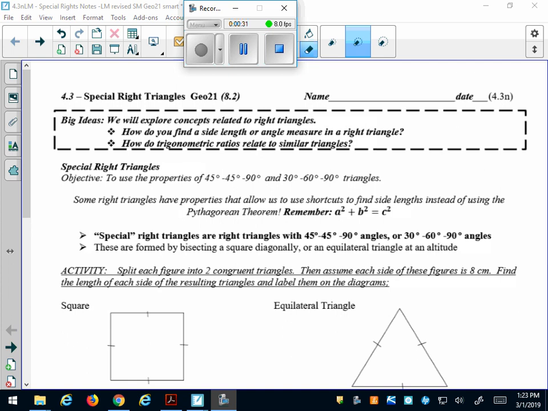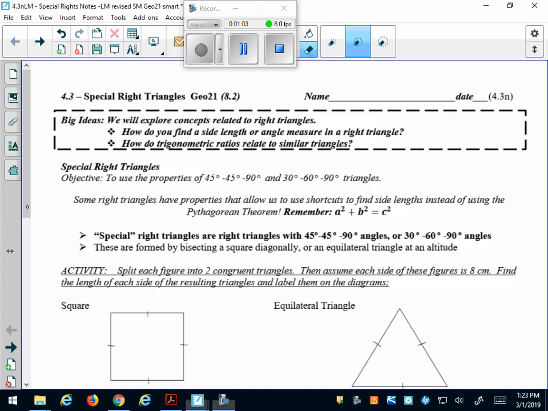We don't memorize the sine, cosine, tangent of every single type of angle, but we can memorize the relationships amongst the sides of these two special types of right triangles. And those two triangles are 45, 45, 90 triangles, meaning triangles with a right angle and two 45-degree angles, and 30, 60, 90 triangles. Okay, just take the notes.